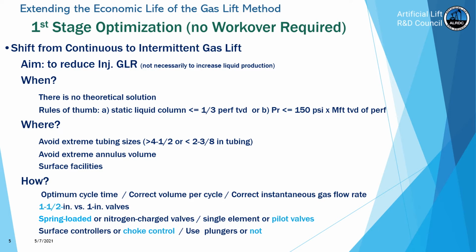We have a needle valve installed along the injection line at the surface, and through that valve a low gas flow rate passes. The gas flow rate at the surface is very low compared to the gas flow rate that passes through the pilot valve once the pilot valve opens.